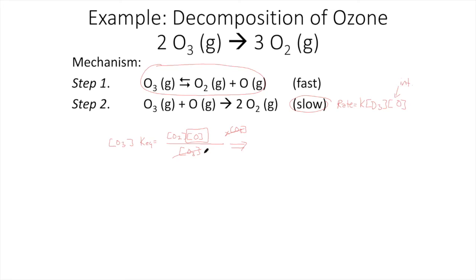Now I'm just going to divide both sides by the concentration of O2, so that cancels. And so I can say that the concentration of oxygen is equal to the concentration of O3 times the KEQ divided by the concentration of O2. All right, so now I can substitute that in right there.